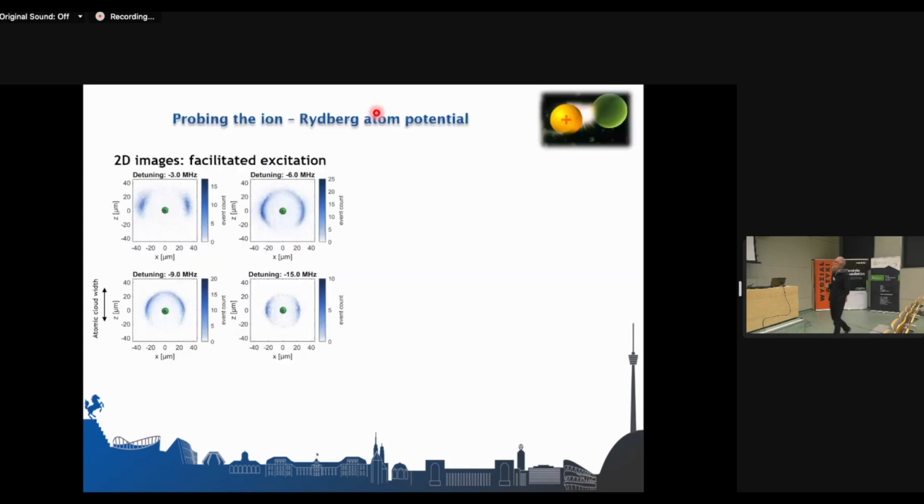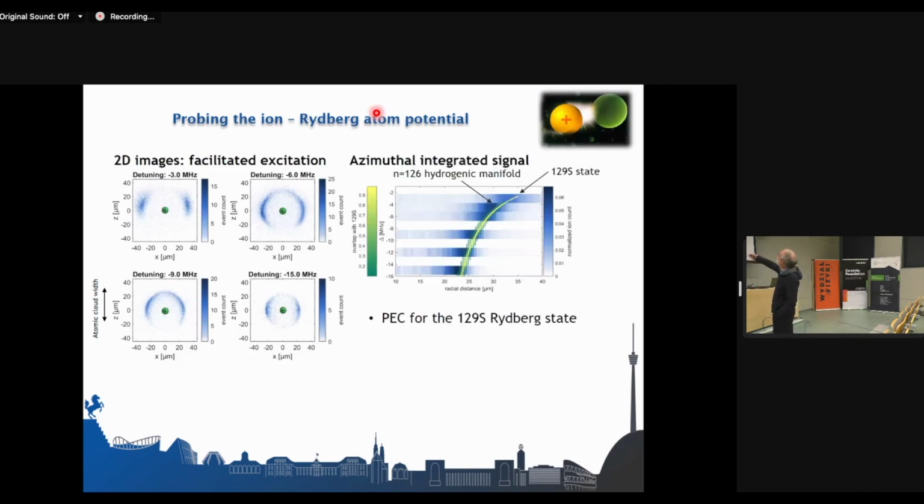So if we first just excite the atoms, in this case, to the 129 S state, around an ion. So what do we do? We first excite an ion. It's floating. Fields are absolutely zeroed out. The ion is there, we can observe it, and then we just excite a second atom to a Rydberg state.